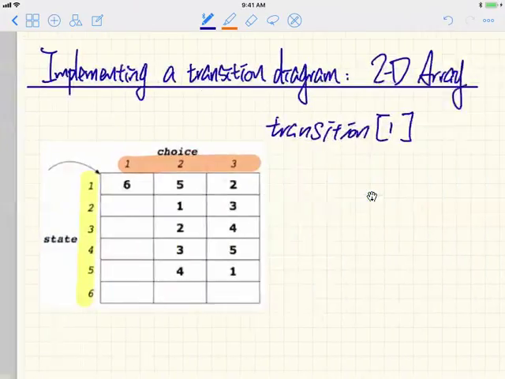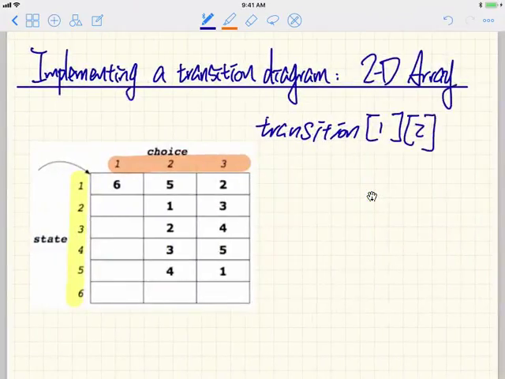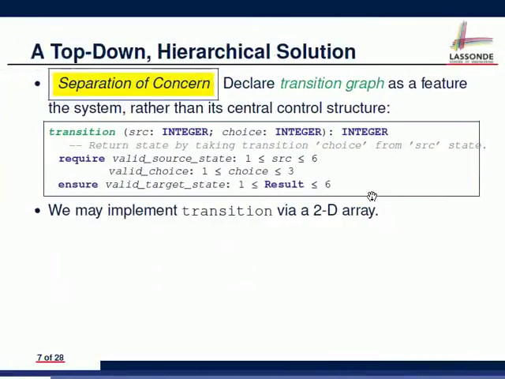So I pass 2 as a column number. That means I'm looking up this particular cell in the two-dimensional array. That's how I get the returned target state, and then I can make a transition. Are we okay so far? Good. That's how we implement that, and it's immediately applicable for the second design, and for the third design as well.